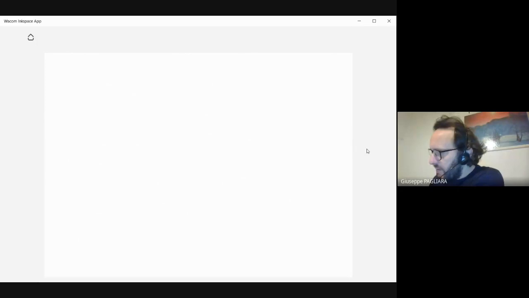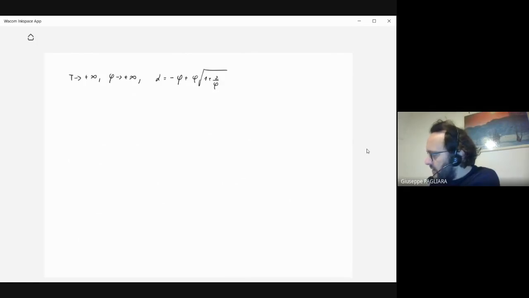So suppose that we have T going to plus infinity. We said that phi goes to plus infinity. And therefore, in this formula, alpha was minus phi plus phi square root, that I can collect 1 plus 2 divided by phi, equal to minus phi times 1 minus square root of 1 plus 2 over phi.